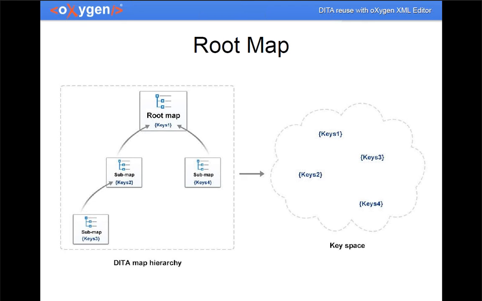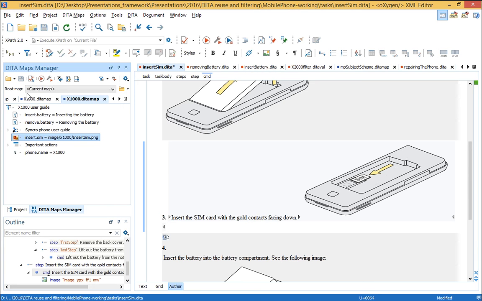And by default, when collecting the keys, oXygen considers the root map to be the current selected map inside the DITA Maps Manager.